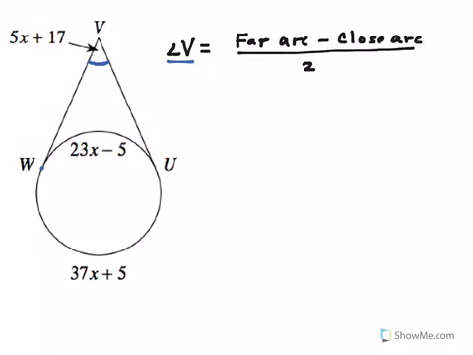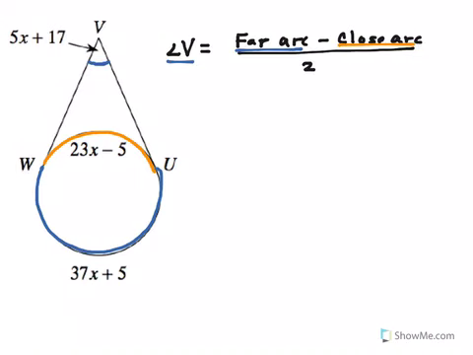So from the point of tangency here at W to the point of tangency at U, the far side, or this larger arc here, if I take that first, that is the far arc, and I subtract from it the closer arc, which obviously have a sum of 360, if I subtract that and divide by 2, that is equal to my angle and always will be.